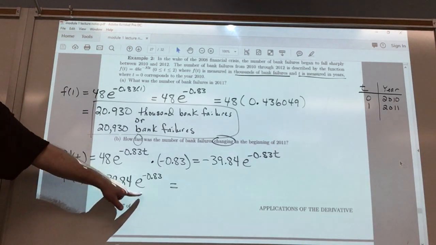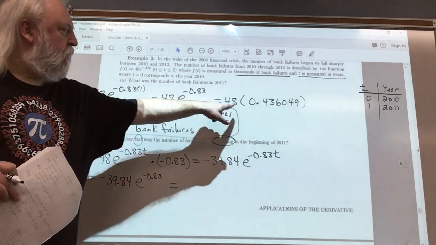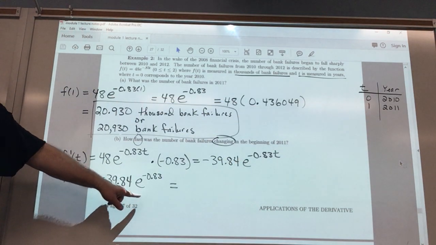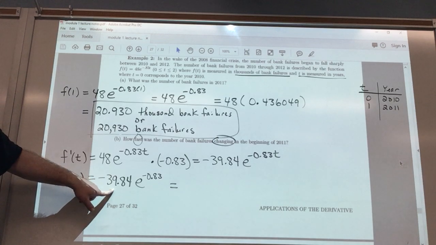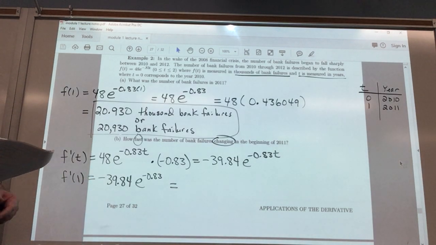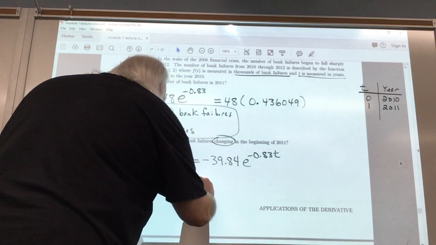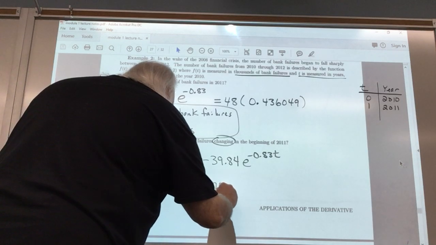And we know what e to the minus 0.83 is equal to. We calculated it up here. It's 0.436049. So when I multiply 0.436049 times minus 39.84, I get minus 17.372.